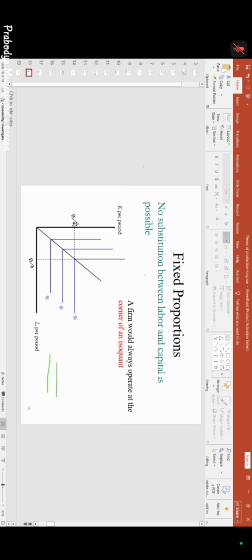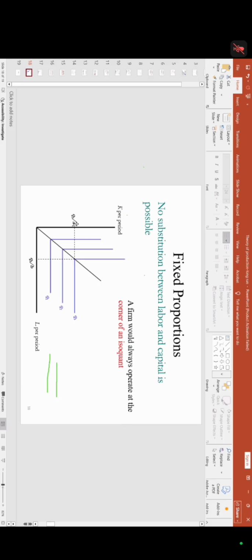They need both at an equal level, but you cannot compromise one. That means if there is no laborer, increasing the machines is useless. They need to have both inputs at a particular level to produce the given level of output.